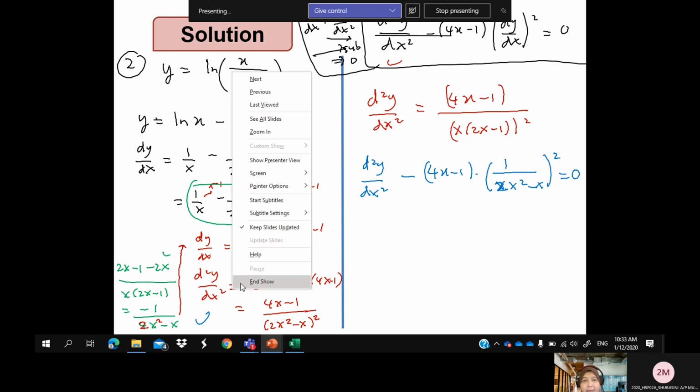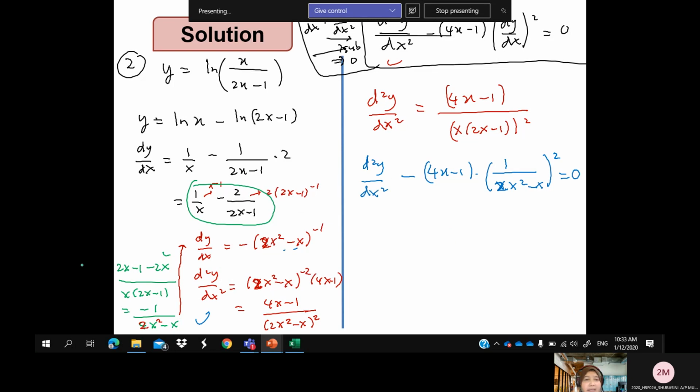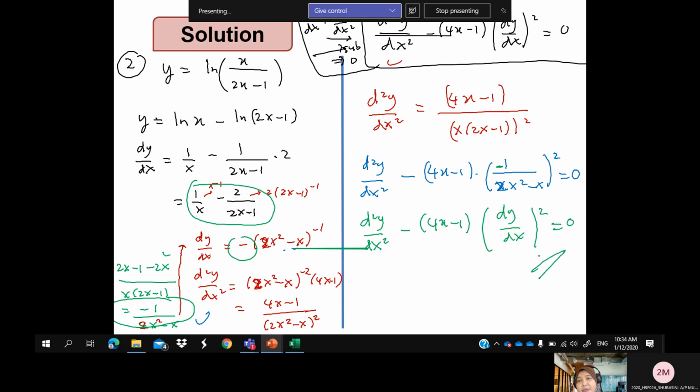If you compare, from this you compare, I use a color, what color? Green. So here there is negative, negative to refer to dy dx. So you can take this one negative too. So it becomes d2y dx squared minus 4x minus 1, replacing here, dy dx squared is equal to 0.